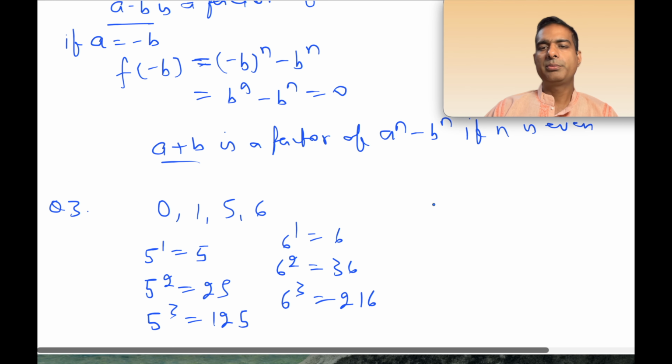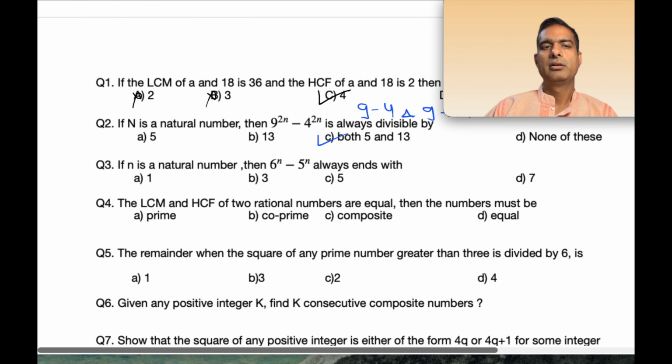So 6 to the power n units place will be 6 and 5 to the power n units place will be 5. So 6 to the power n minus 5 to the power n will always end with 1. So we can say if n is a natural number, then 6 to the power n minus 5 to the power n always ends with 1. We don't need to worry about the remaining numbers. We have to just think about the units digit only.